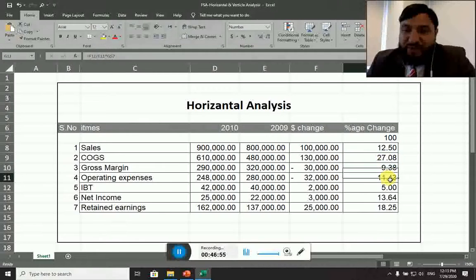But yet we had to manage. We managed to control our expenses, so that's why we were able to result in increase in net profit by 13.64%. Otherwise, due to this cost of goods sold, we would go in loss. Which did not happen in case of this example. All right.